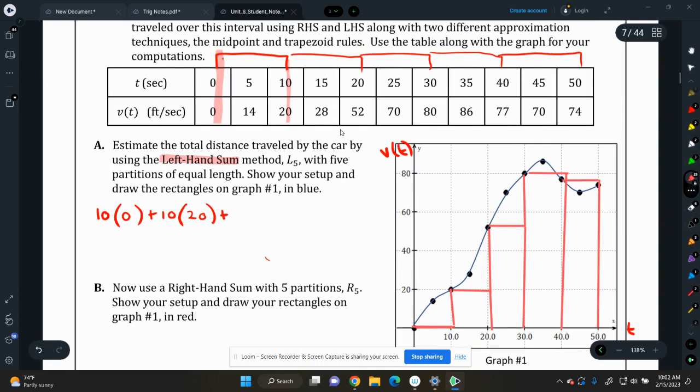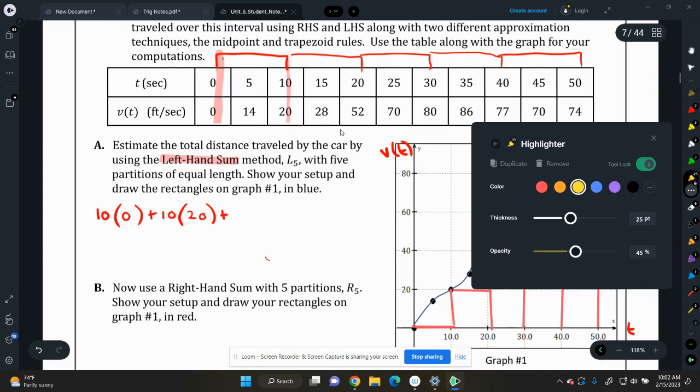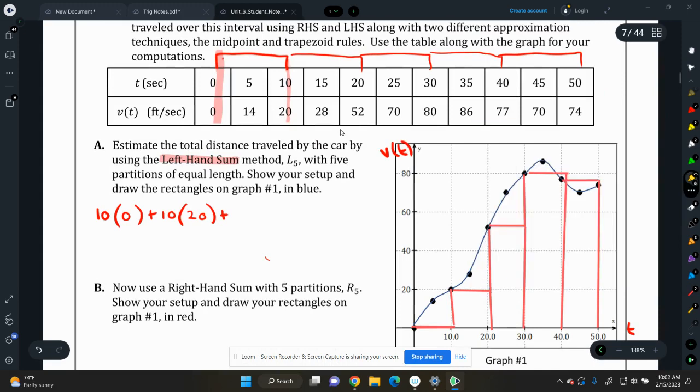Yes, Ben. What happens if a rectangle kind of goes over 2 points? It won't, because when we're looking at the height of the rectangle, we're always referring to the y value that corresponds to that x value. So here was my first rectangle right here.